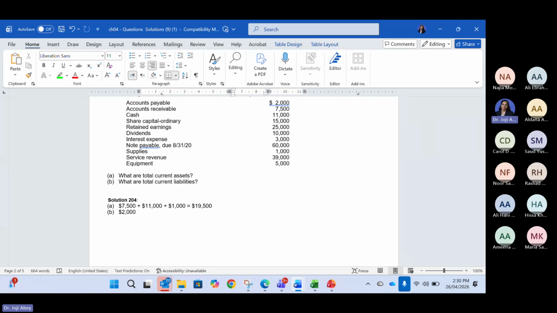You need to identify the total of the current assets and the total of the current liabilities. So first we need to identify the accounts. Remember, all payables are liabilities.